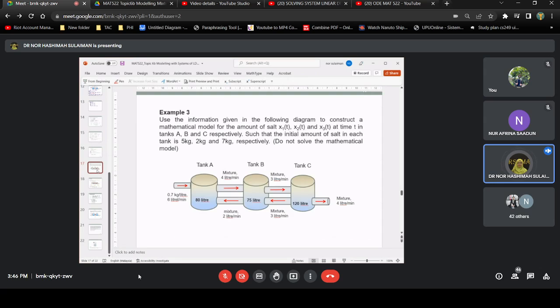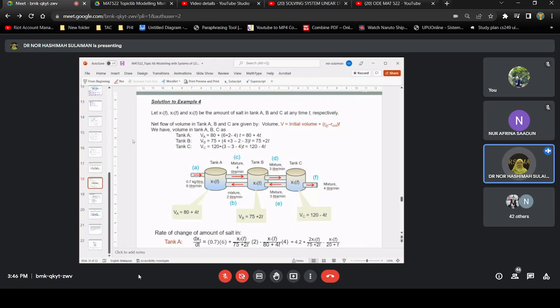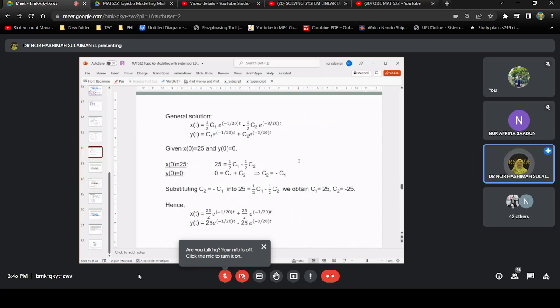Yang ni kalau 3 time bagaimana, tengok dia punya solution dia bagaimana. Yang ini nanti saya akan explain kemudian in the next class, because ada variation in terms of the volume. Okay, the first 2 examples that I've already explained to you melibatkan constant volume in the tank. Okay, alright.